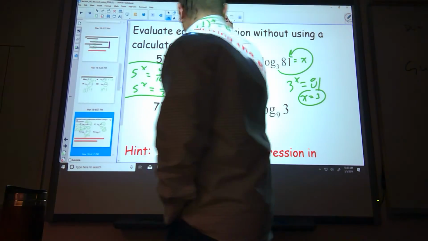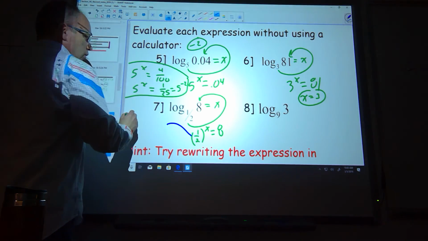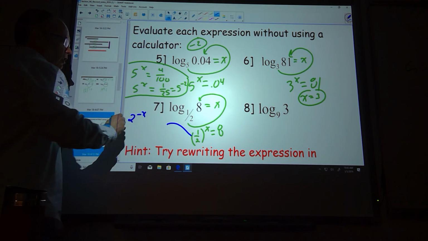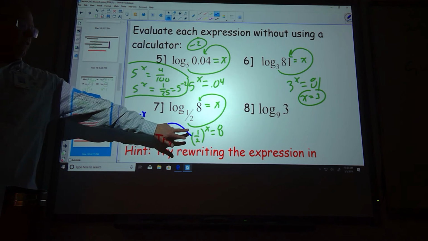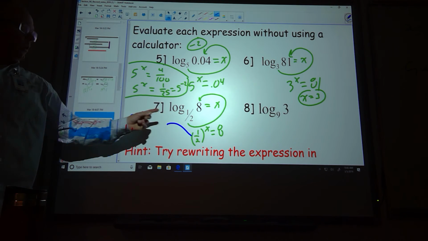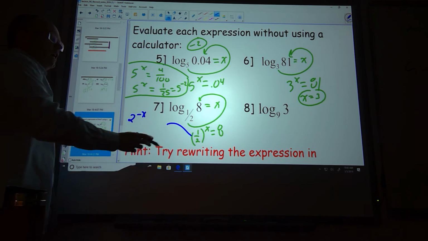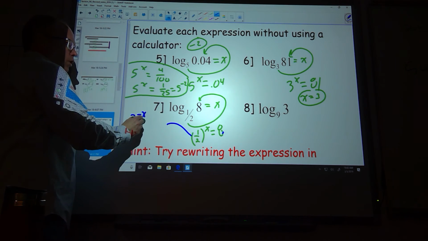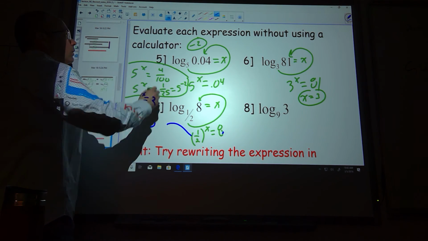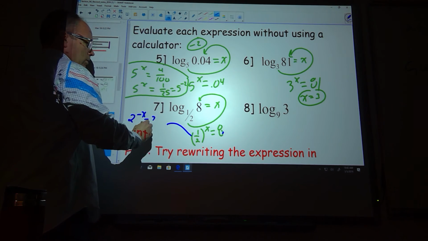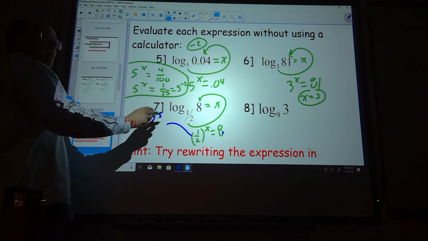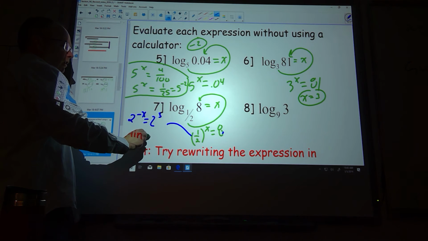So I'm going to convert this right here to 2 to the negative x. And let me pause there for a sec. Does everyone see why? If I flip that over, I get a negative exponent. And then I'm going to convert 8 to 2 to the third. So I get negative x equals 3, so x equals negative 3.